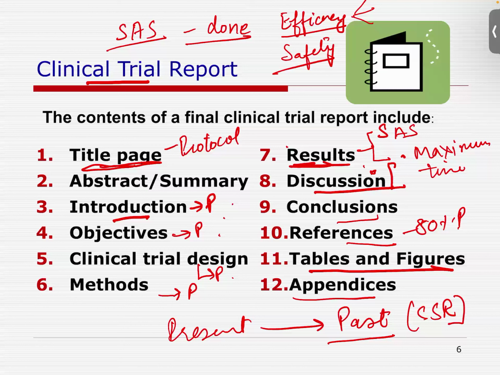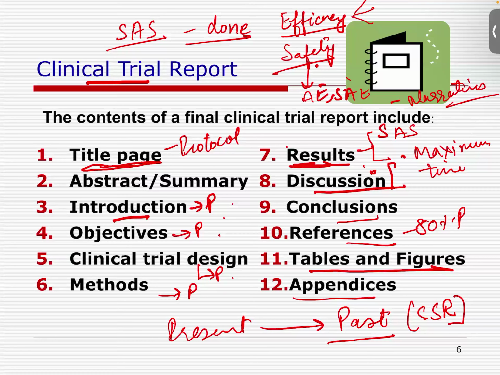And as a medical writer, if you get a chance to work as a safety narrative writer, that will be a very good opportunity because you will be working as a kind of CSR writer.